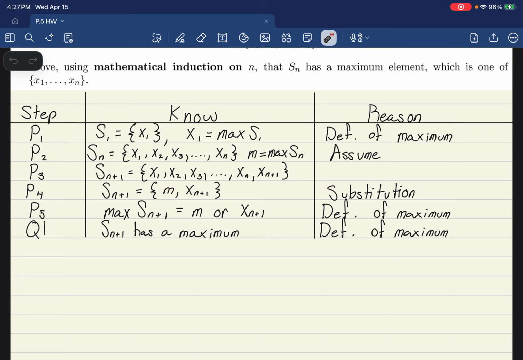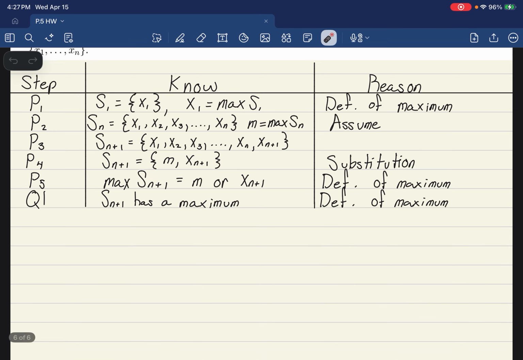Now we have Sn+1 equals {m, xn+1}. So we know that the max of Sn+1 equals m, or it equals xn+1. This is because either m is greater than xn+1, equal to xn+1, or less than xn+1. So either m or xn+1 has to be the maximum of our finite set.